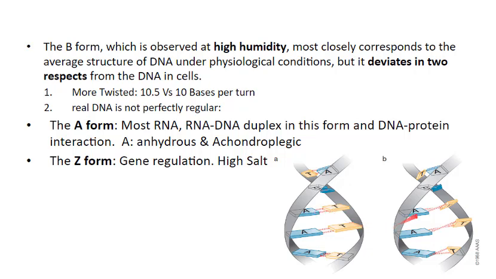But in reality, the bases are not parallel to the floor. You can see there is a twist. This is called propeller twist. The bases propel against each other, and this is called propeller twist. You can find it in the native DNA. So this is the real DNA. Real DNA deviates from B DNA, but B DNA is the closest form of the DNA of our body.